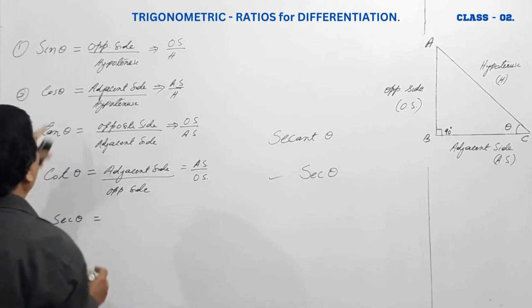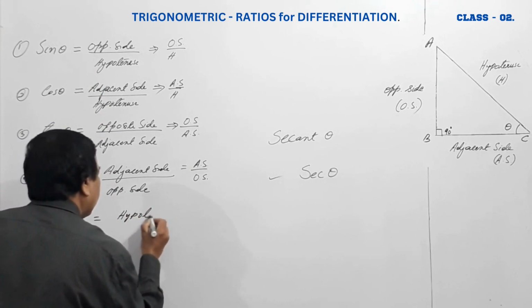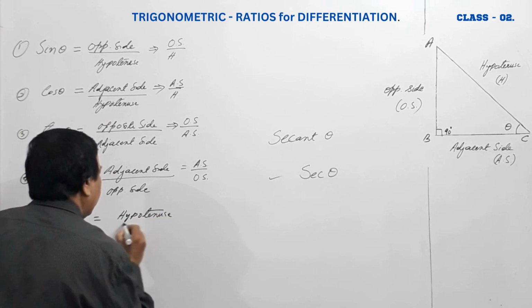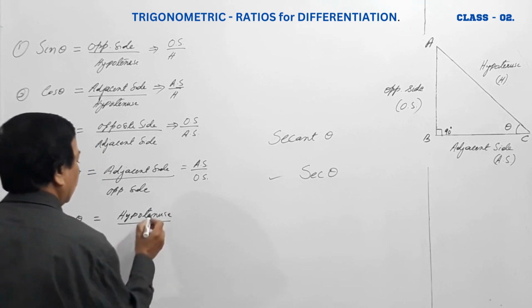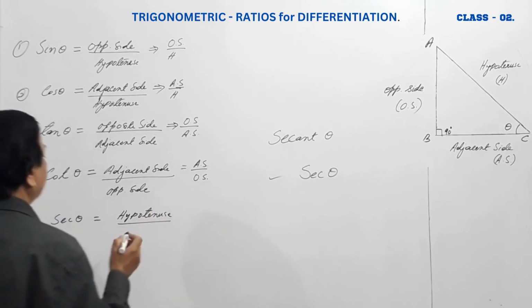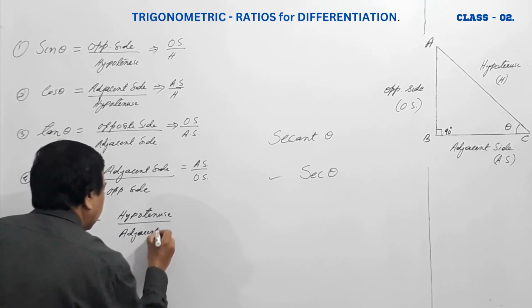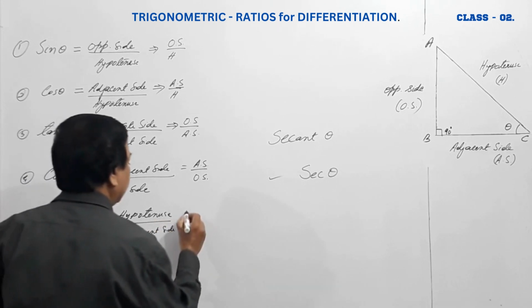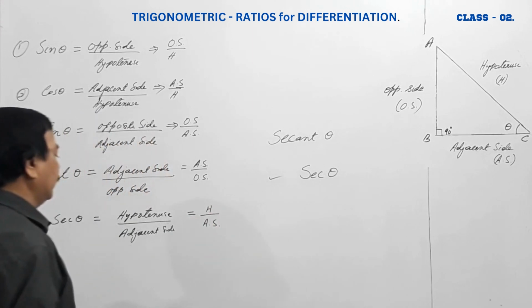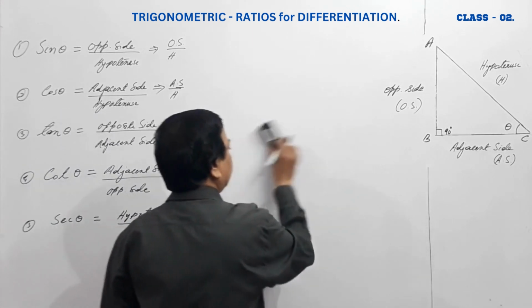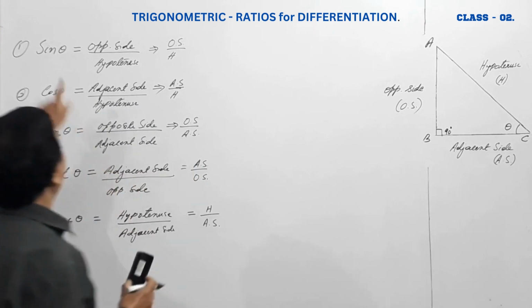So secant theta is hypotenuse by adjacent side. This is a secant.